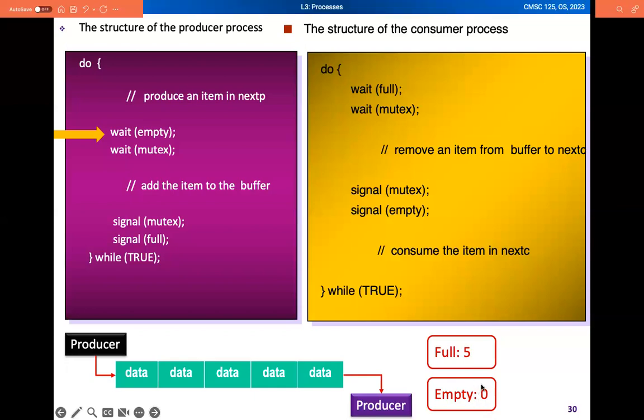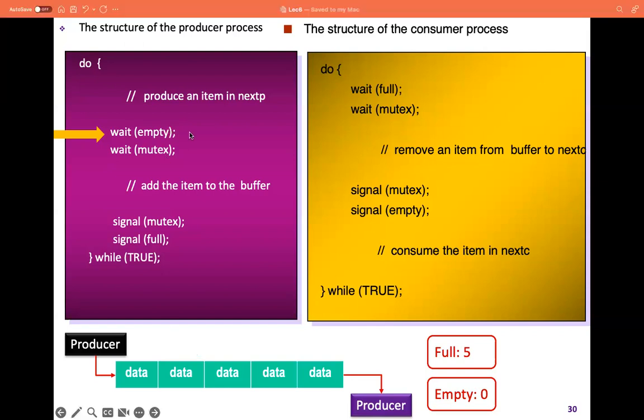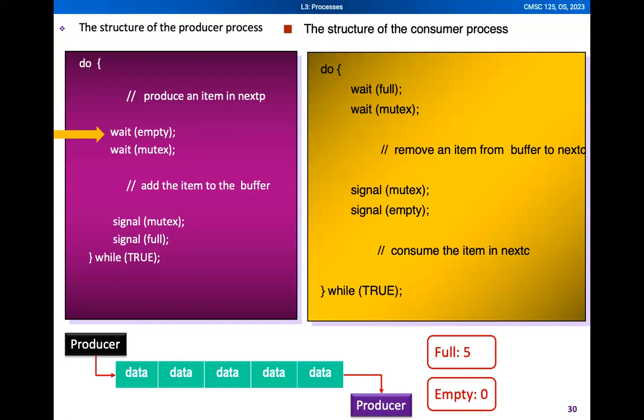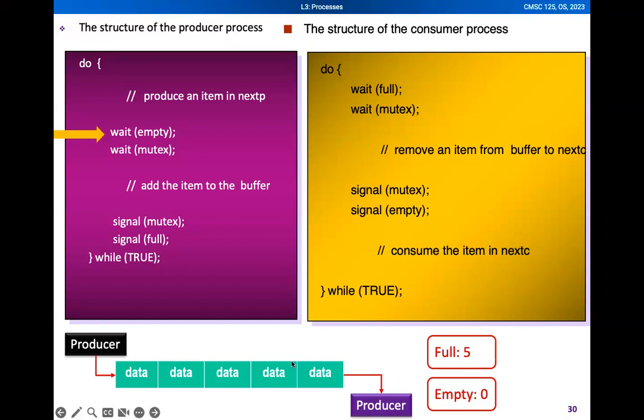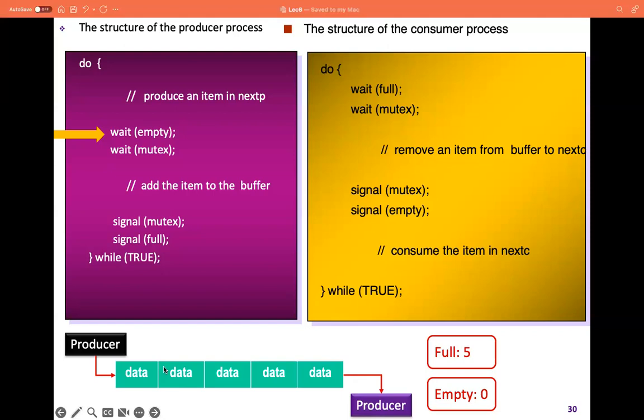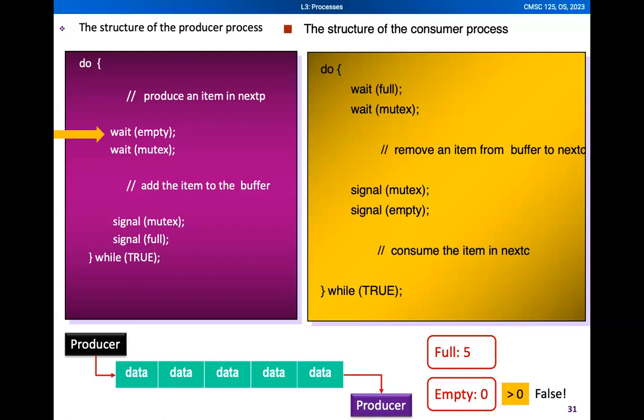So the empty is also 0. So again, in this part it checks if the empty is greater than 0. So in this case, it becomes false because there are no empty buffers. So it must wait. Okay?